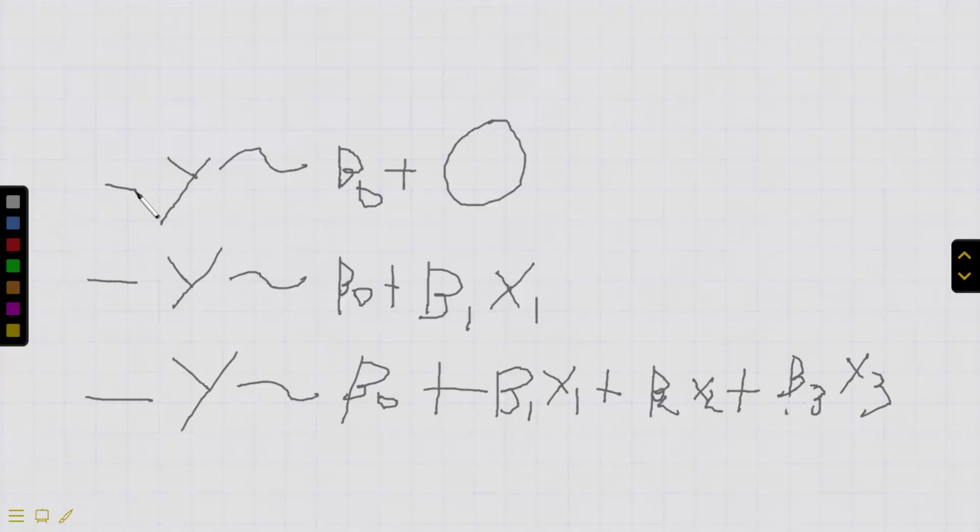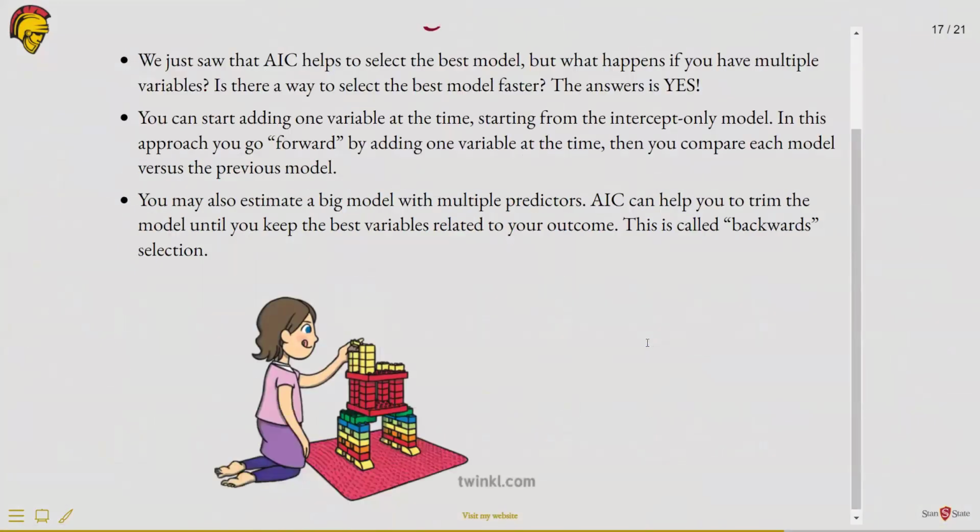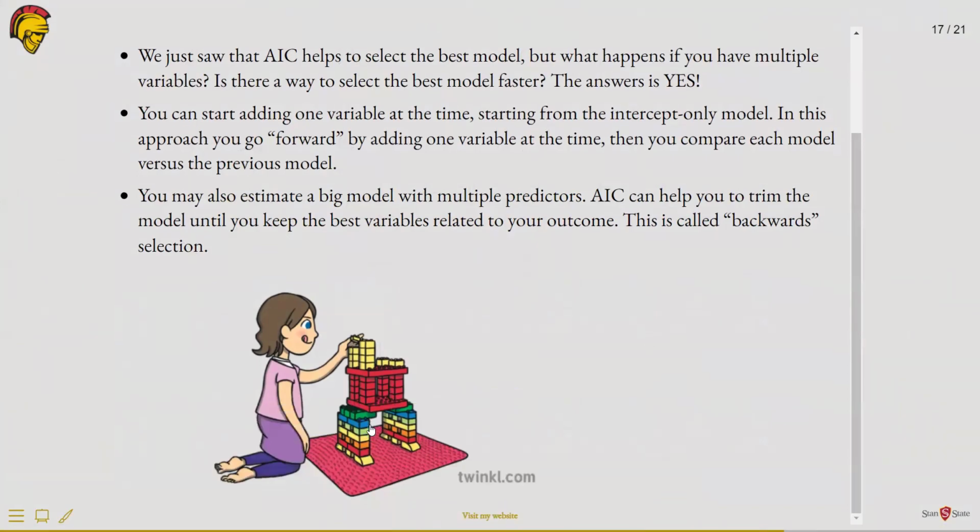So you select the model that has the best fit and is more parsimonious. So either way is fine. You can start from the bottom to the top, or from the top to the bottom, right? It's similar to playing with Legos or blocks, you know? So you kind of are building up your model.